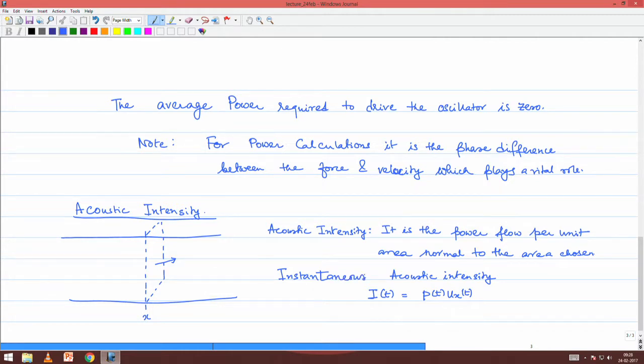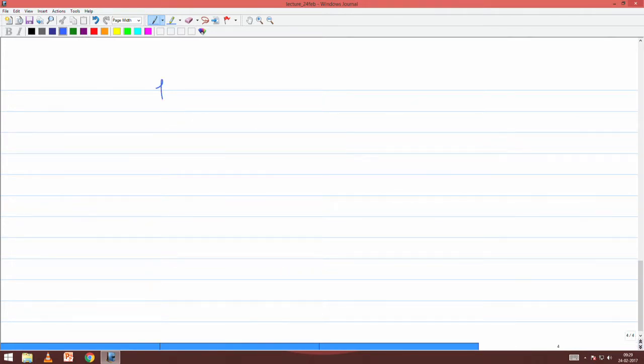Let us try to understand the average value of this intensity as it comes. So, firstly let us take a travelling wave situation. For a travelling wave, p(x,t) is going to be P e^(i(ωt − kx)), where capital P is its amplitude.